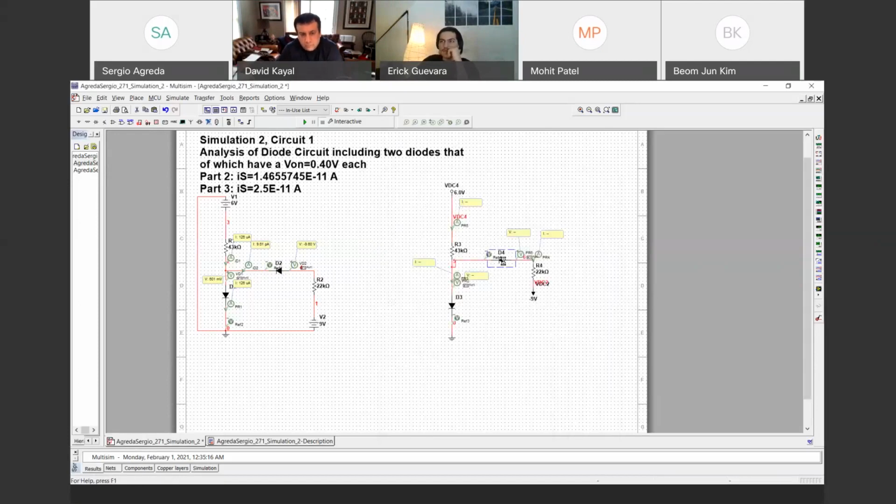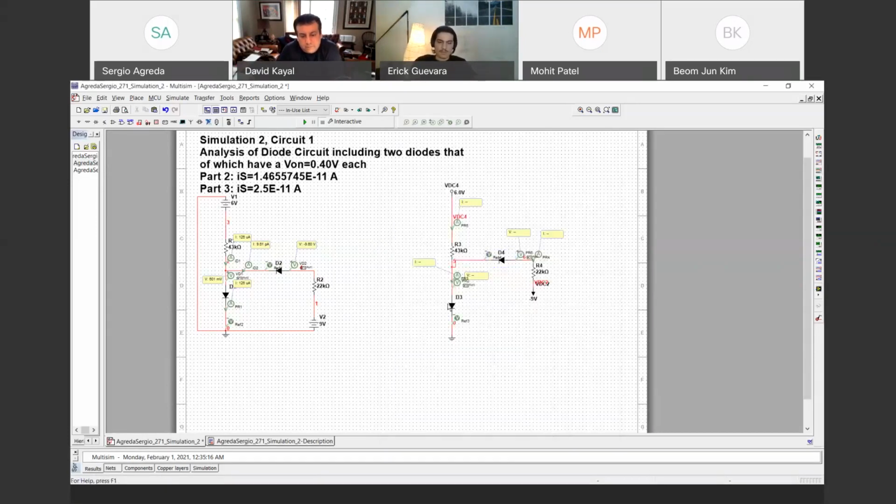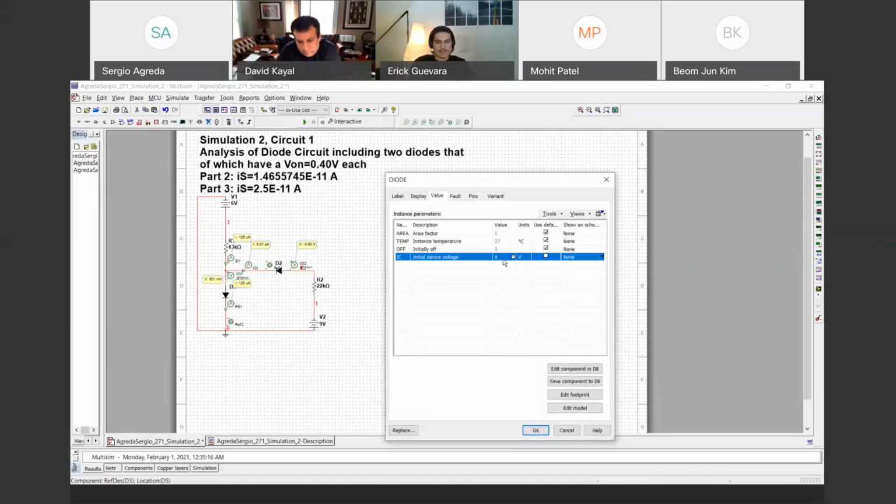So here is where your voltage across your diode is, that you choose to be your voltage drop. So choose it to be this. Once there's current running through it, it will have a voltage drop of 0.4 volts.